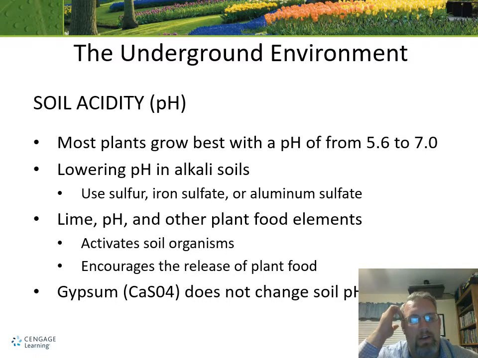Something very important to consider is your soil acidity. Basically, when we're looking at soil acidity, obviously 7 being neutral is where we would like to keep it. Most plants grow in a slightly acidic environment, and you can utilize materials that will either lower the pH or raise the pH.